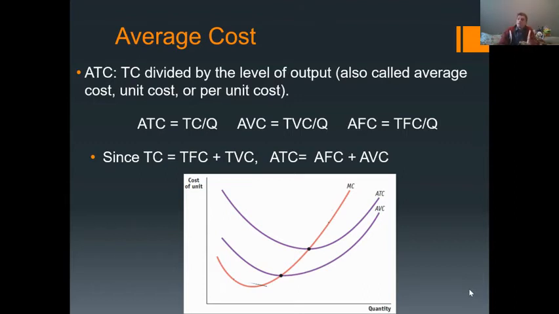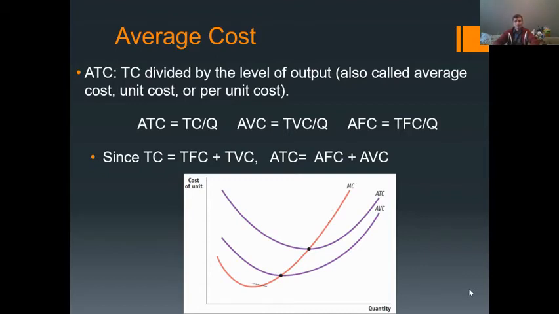Your AFC isn't really too important in our analysis. And we'll talk about why in just a second. But first, ATC is your average total cost. Sometimes you'll see it as the unit cost, per unit cost, average cost in general. Any of those phrases, they all mean the same thing. So you just take your total cost divided by the quantity.